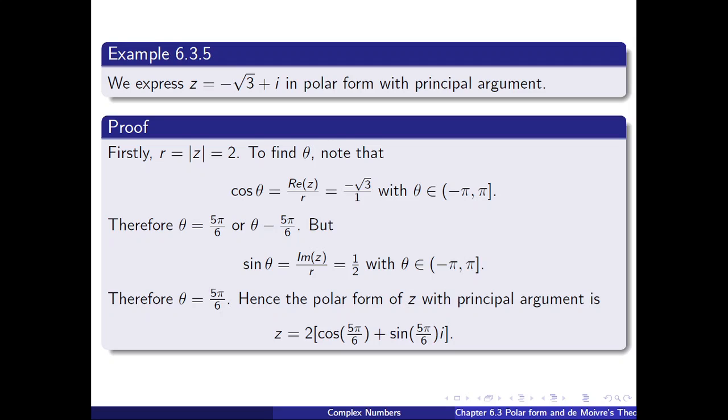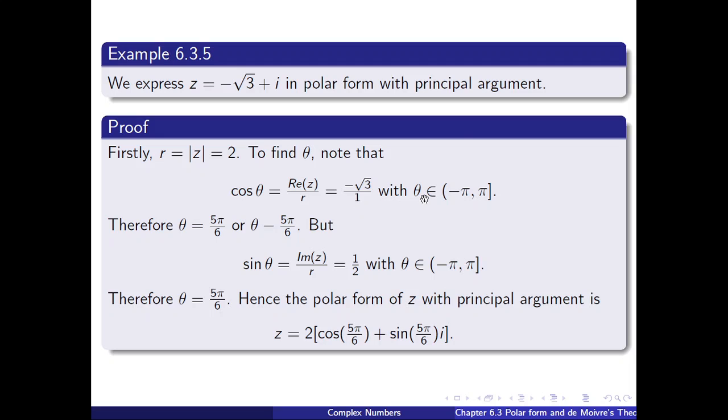Now to find our theta, we say the real part is equal to r cos theta, so therefore cos theta is equal to the real part of z over r, which is equal to the square root of 3 over 2.